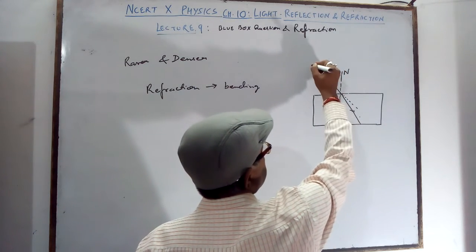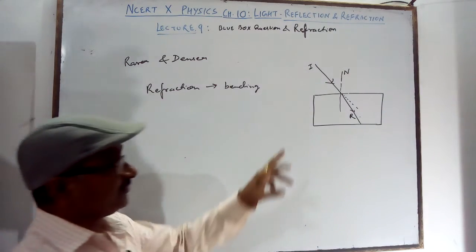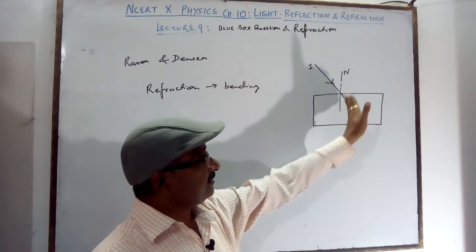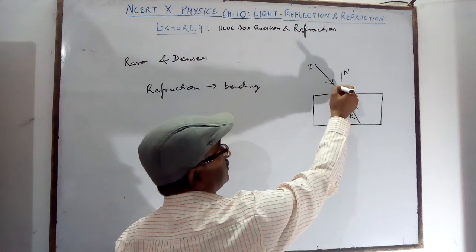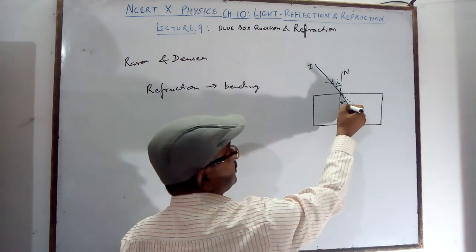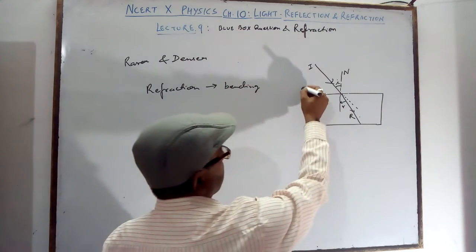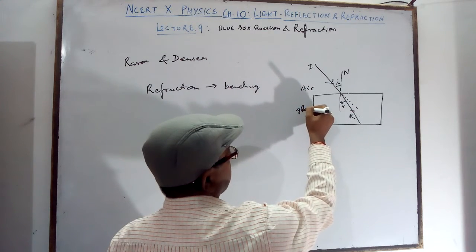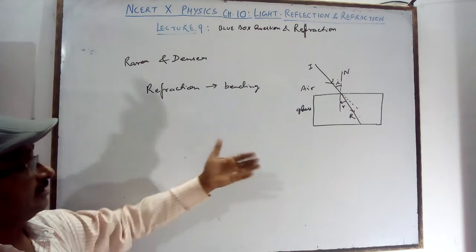When light enters from one medium, air to glass or air to water, it bends towards the normal.